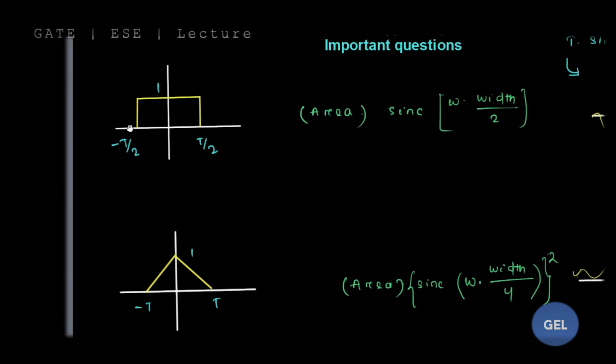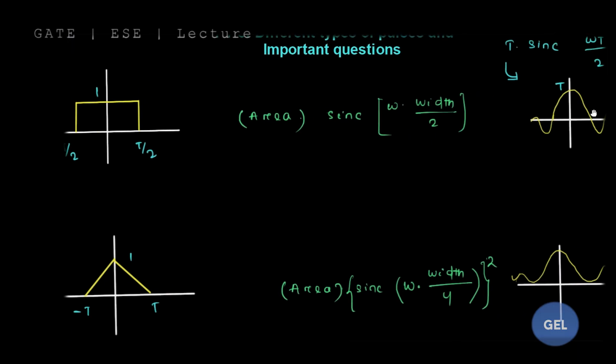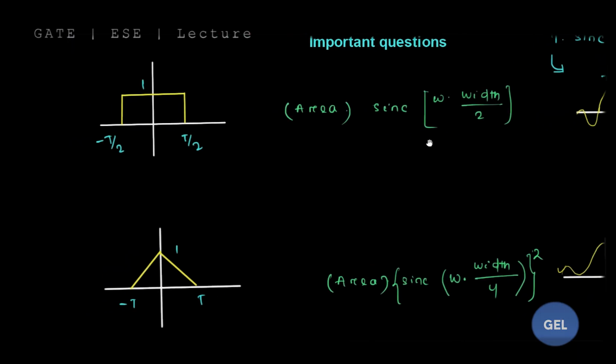This is your rectangular pulse, looking beautiful, having a width which extends between minus T/2 to T/2. Now to find the Fourier transform, we know the Fourier transform is a Sinc function. Now what will be the mathematical representation of the Sinc function? That formula is this. So you need to find the area of this rectangular pulse.